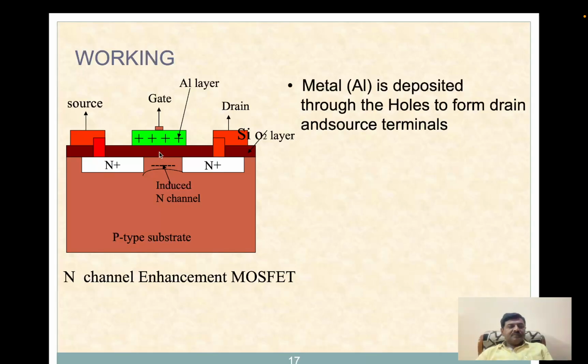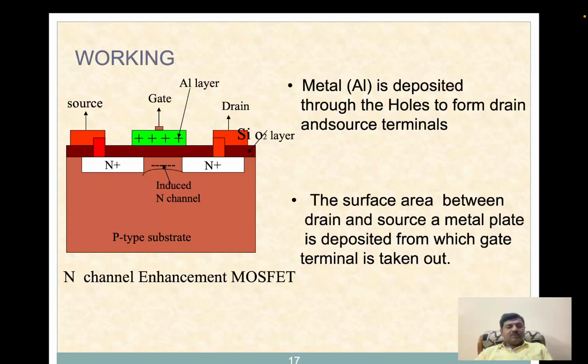Metal aluminum is deposited in the holes to form the drain and source terminals. On the surface area between the drain and source, a metal plate is deposited, from which the gate terminal is taken out.